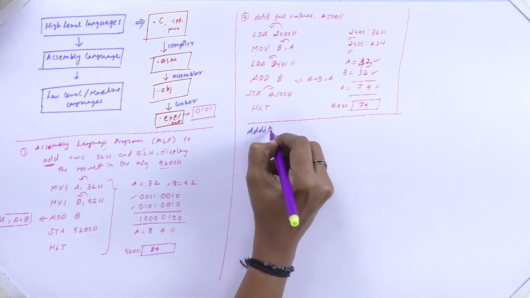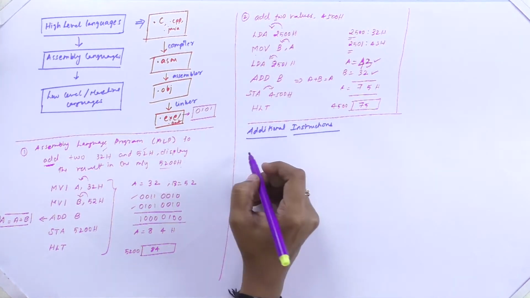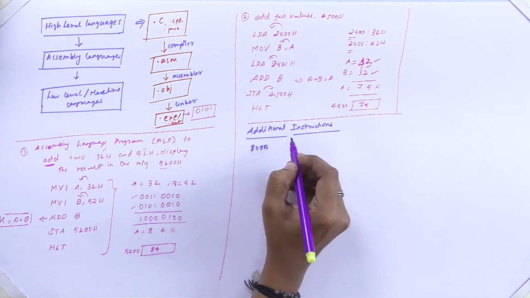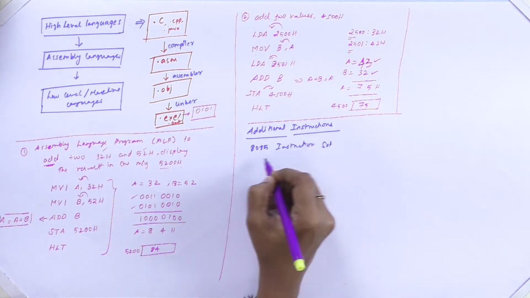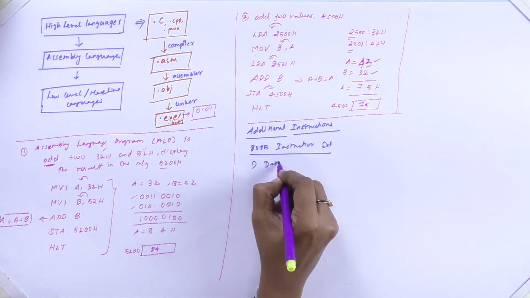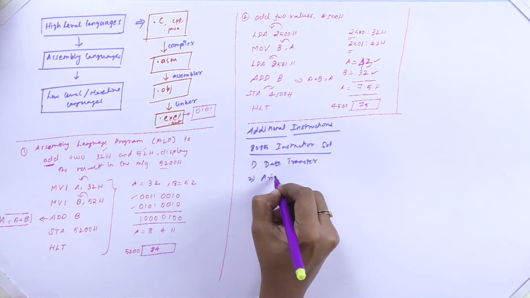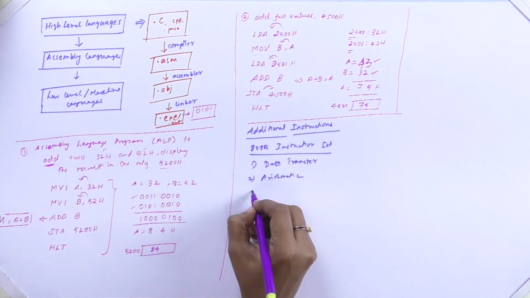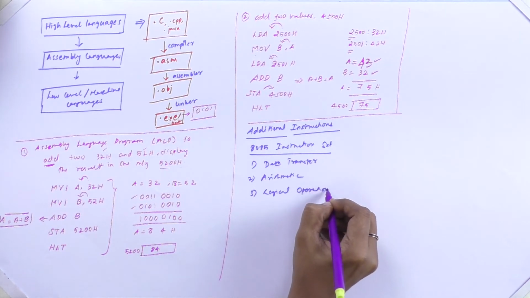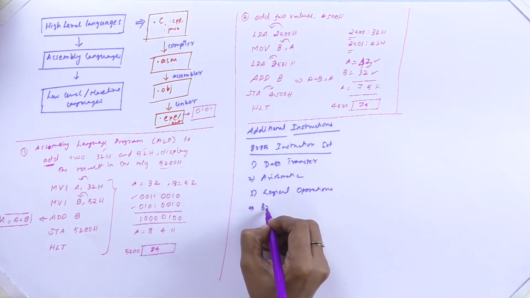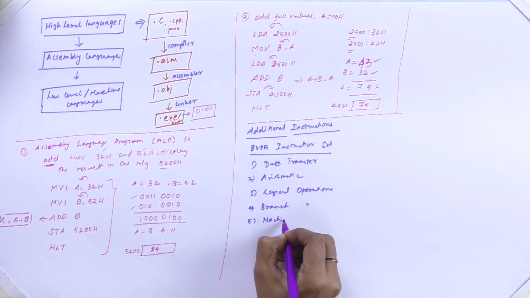We know that the five types of 8085 instruction set are data transfer operations, arithmetic operations, logical operations, branch operations, and the last one is machine control operations.